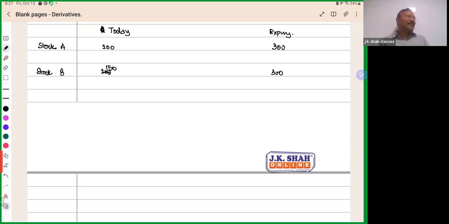I'm repeating this. If I prove to you that the values of both the portfolios are the same on expiry, then you will have to accept that the values of the portfolios today must be the same.